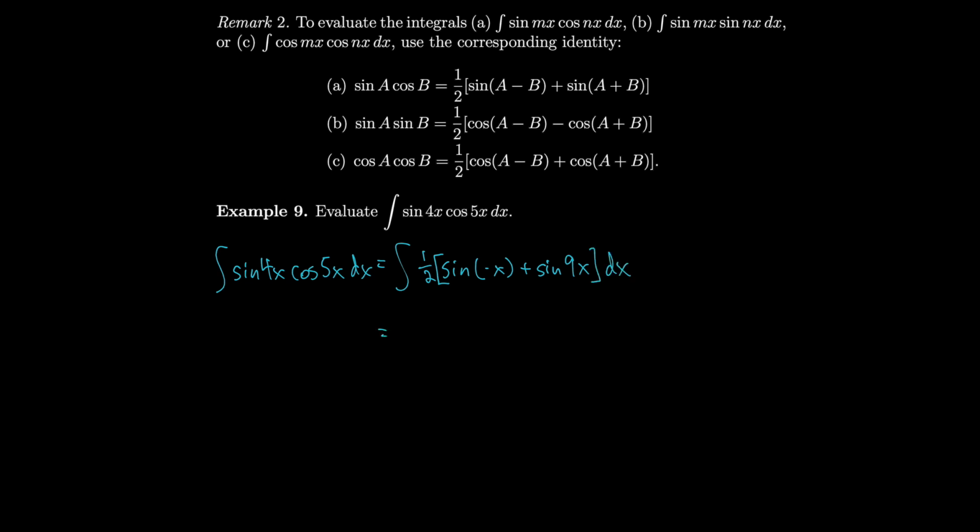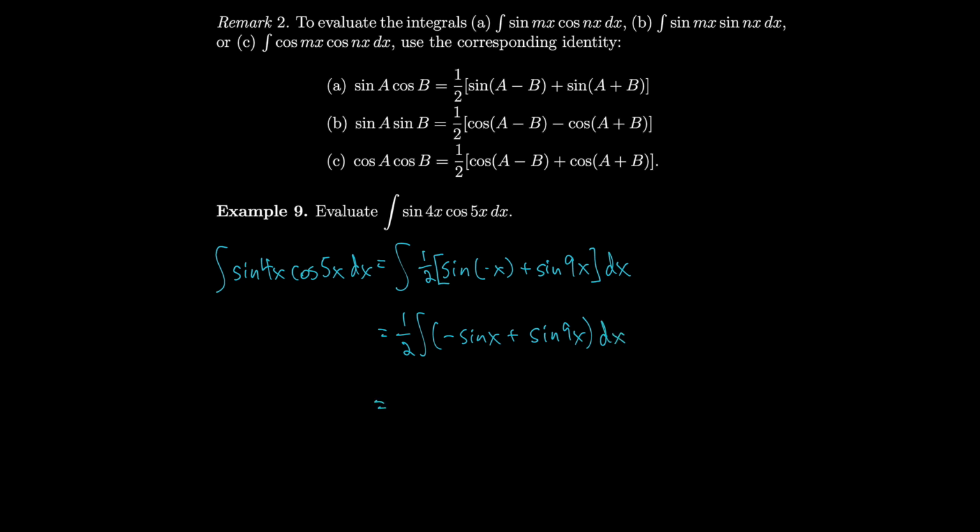And then I pull out my half, so I get the integral of minus sine x plus sine of 9x. Remember that sine of minus something is the same thing as minus sine something, because sine is an odd function.